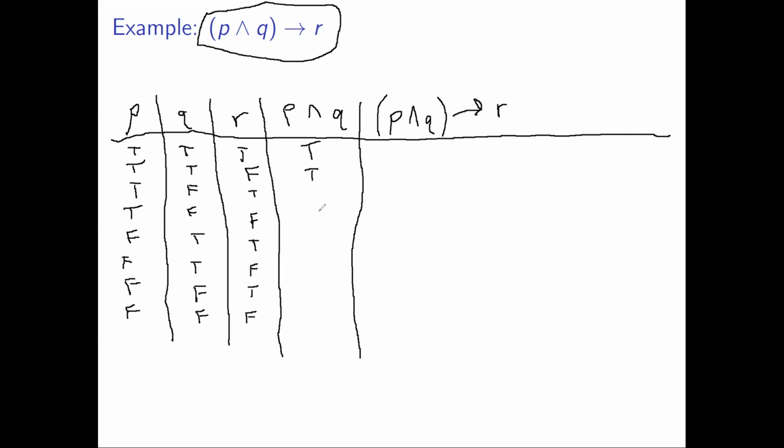The next row, the third row, we have P is true, but Q is false. So P and Q, the conjunction, that's going to be false. Fourth row is the same. P is true, Q is false. So P and Q, that's going to be false. Fifth row, we have P is false, but Q is true.